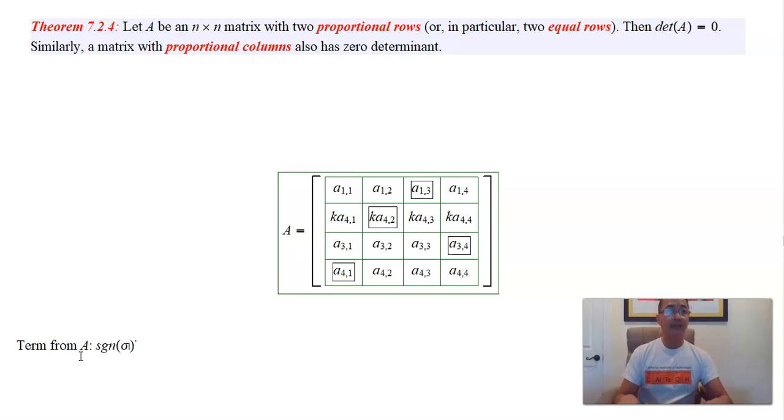We're going to have a sign of sigma, and this is the same permutation that we had before. So we have A13 over here, KA42 over here, and A34 over here, and A41 over here. So our sigma is 3, 2, 4, 1.